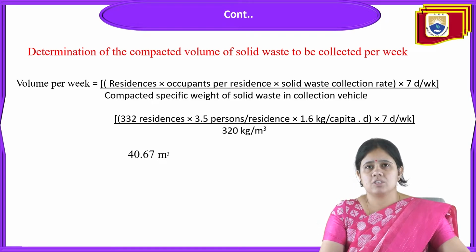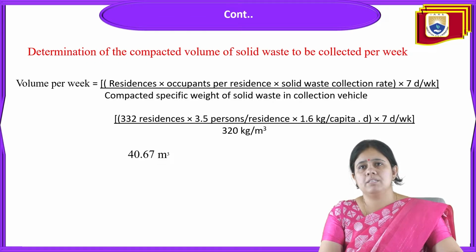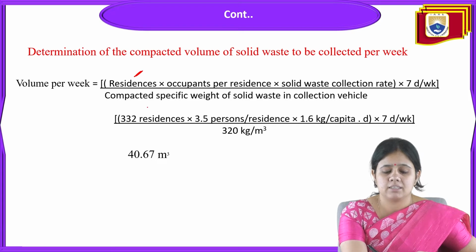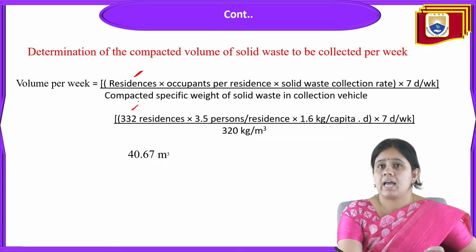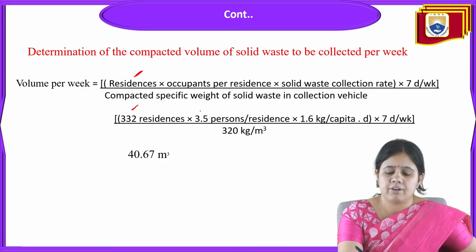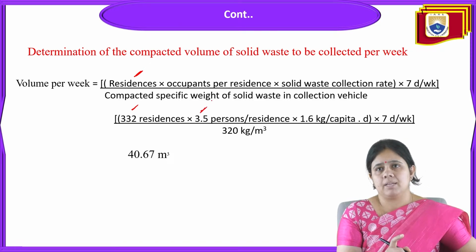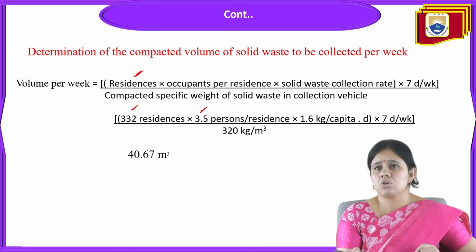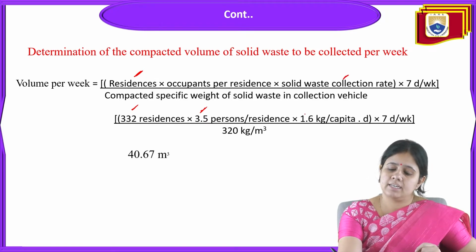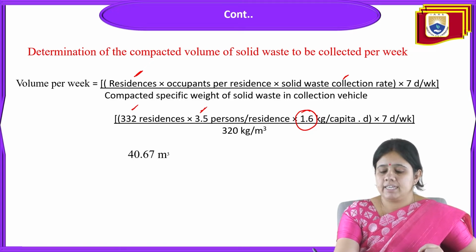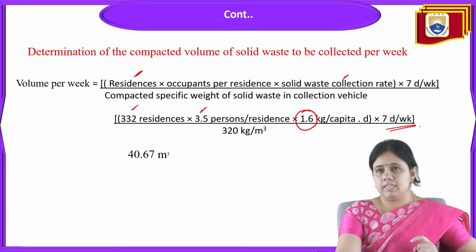So volume per week is equal to residences into occupants per residence into solid waste collection rate. Residences means 332, and occupants per residence, as we have already assumed, is 3.5 persons per family, per house, into solid waste collection rate. Solid waste collection rate is 1.6 kg per capita per day, and 7 days per week.